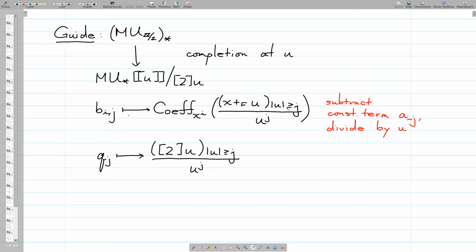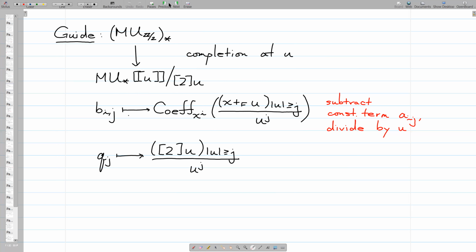Once you have this, you can divide by U^j, and also fix the power of X to be i. That's going to be a power series in U, and that is what Bij corresponds to down here.